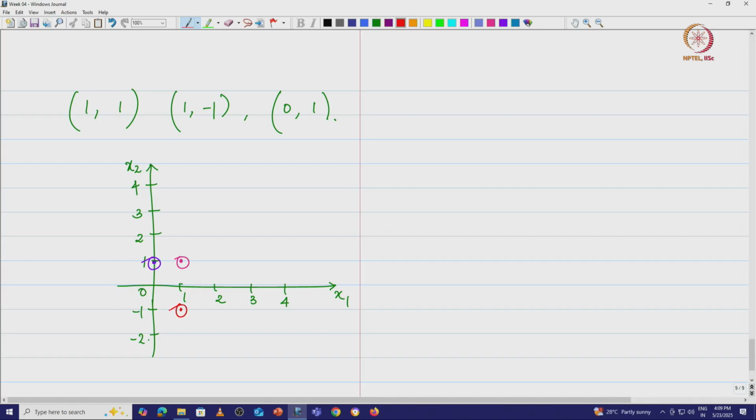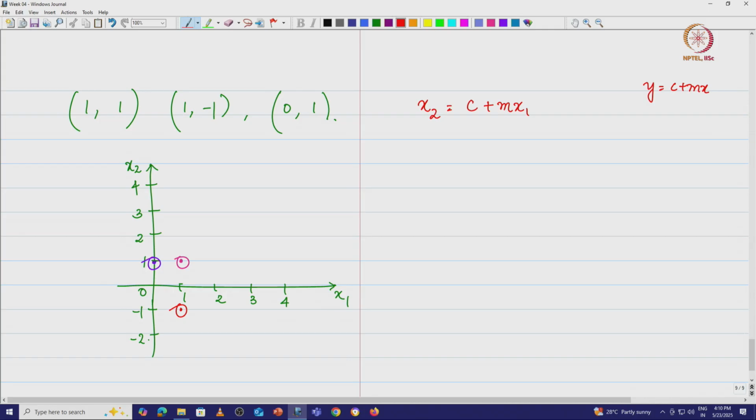Now we see that there is no way we can get a straight line which passes through all these 3 points. A straight line is characterized by the slope and intercept. So we have x2 is equal to c plus m x1. Normally we write this as y equal to mx plus c, but here I have written it as x2 is equal to c plus m x1.